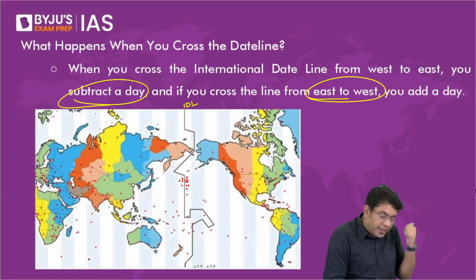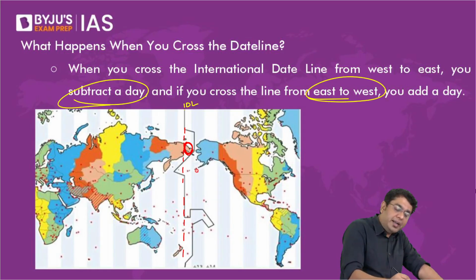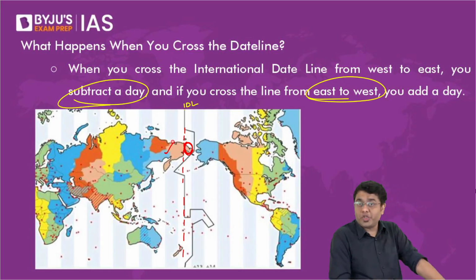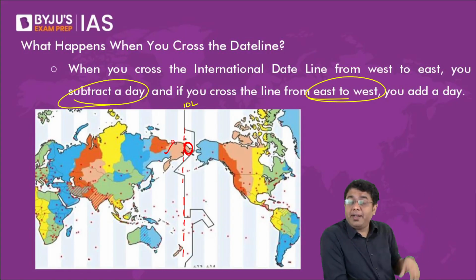Absolutely not. Let's suppose the IDL would have been a straight line. That would mean this portion of Russia would be experiencing a different date compared to the other portions of Russia. Imagine one portion of India celebrating a different date, and another portion of India celebrating another date.